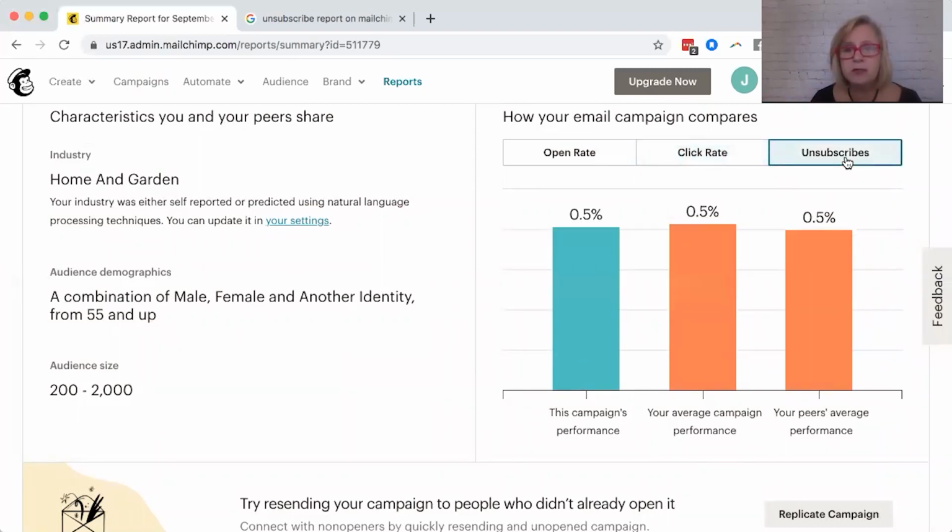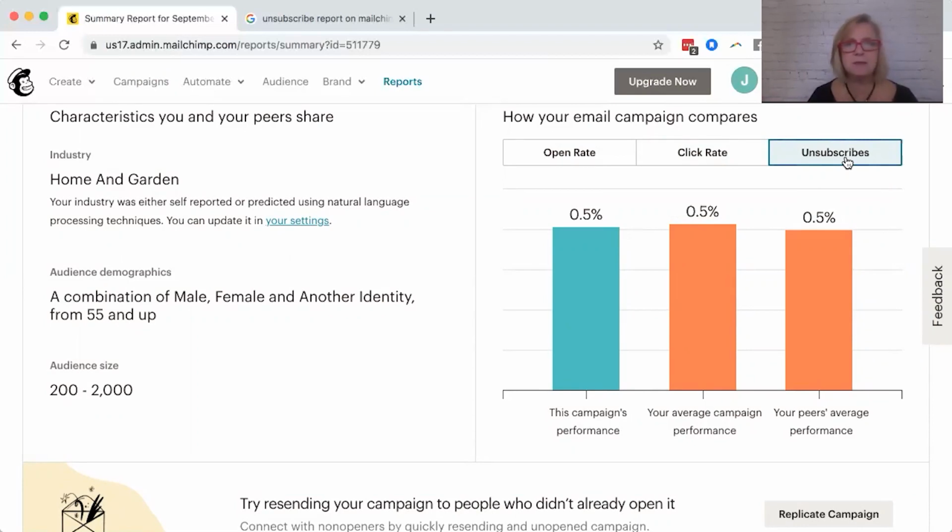And if you click on unsubscribe, this campaign had 0.5% of people unsubscribe, which looks like that's what is normal for you. It's also normal for other people in your industry. So this tells me that people unsubscribe, and it's not something that you should panic about. There's lots and lots of reasons.